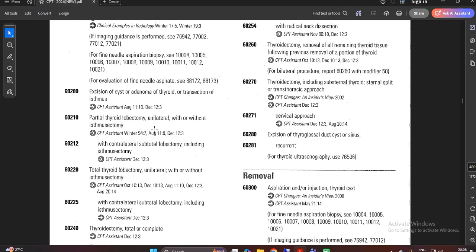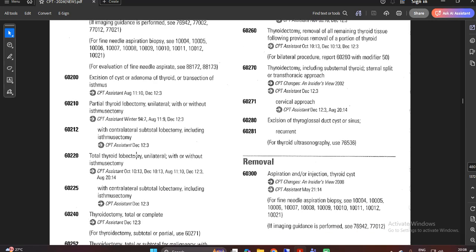Next, 60210, partial thyroid lobectomy, unilateral, with or without isthmusectomy. 60212, with contralateral subtotal lobectomy including isthmusectomy. Here the thyroid gland has two lobes. If the physician performs any one lobe, you need to code 60210.